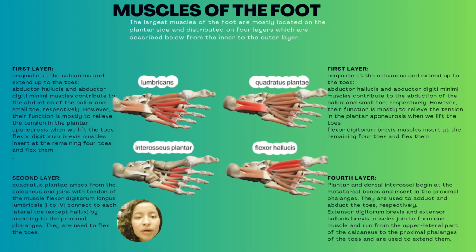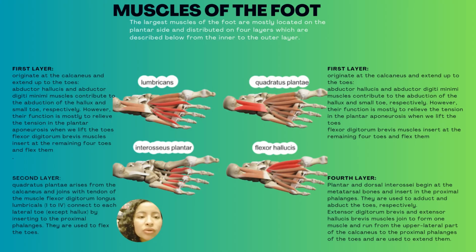Third layer. Flexor hallucis brevis runs from the cuboid and lateral cuneiform bones to the proximal phalanx to flex the big toe. Flexor digiti minimi brevis begins at the fifth metatarsal and inserts in the proximal phalanx of the little toe and is responsible for its flexion.